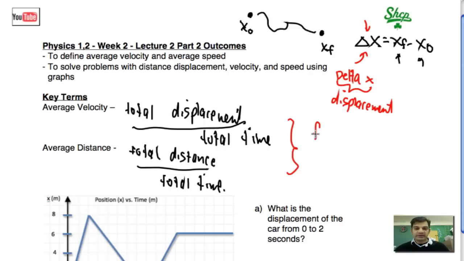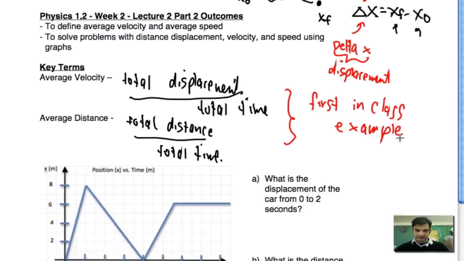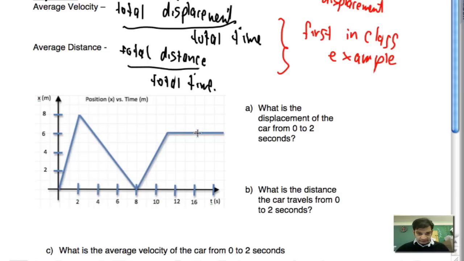is going to be our first in-class example when you come into lecture tomorrow. In fact, we're going to look at the motion of the object from time equals 0 to time equals 16. This we're going to actually do in class. Now, on this lecture right now, we're going to focus on something a little bit easier.